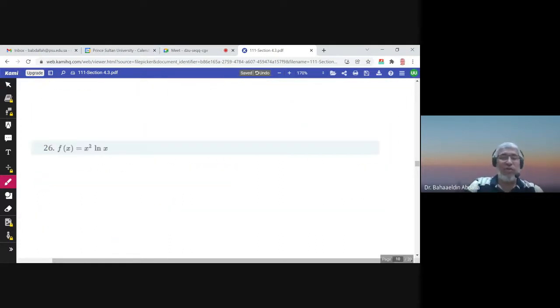Another question. Let us find f prime. I use the product rule. So f prime is 2x ln x plus x squared over x, which is just x. Well, to find the zeros of f prime, let me take x as a common factor.